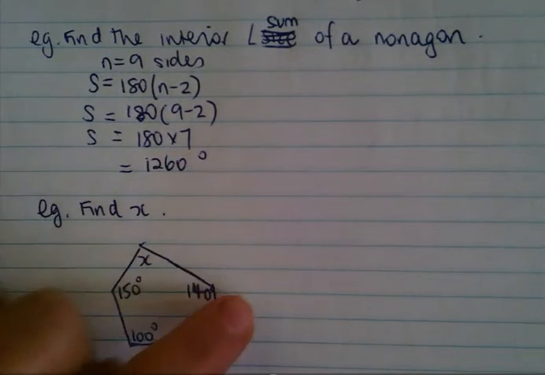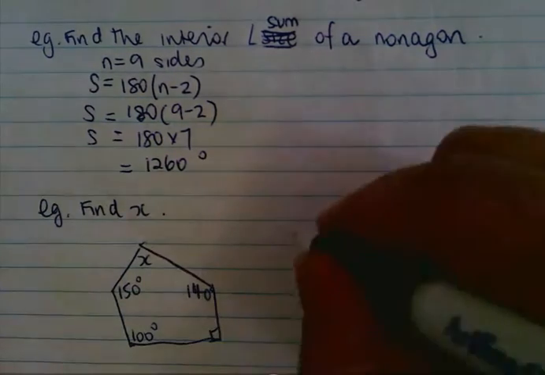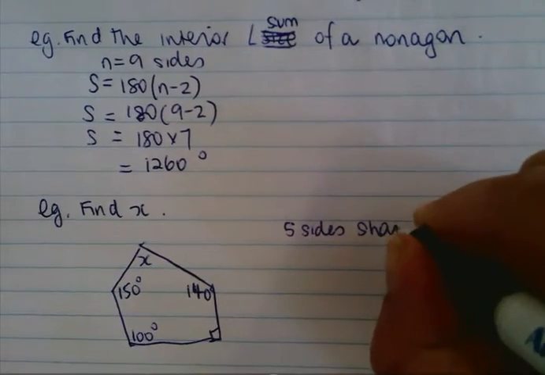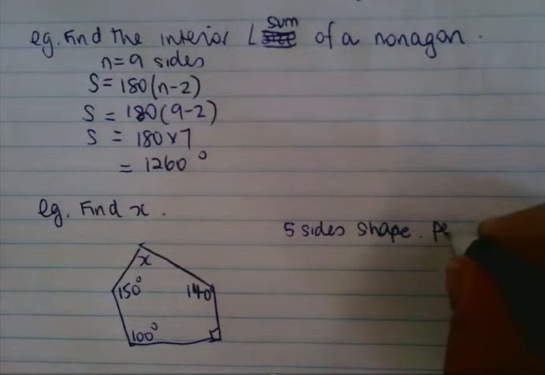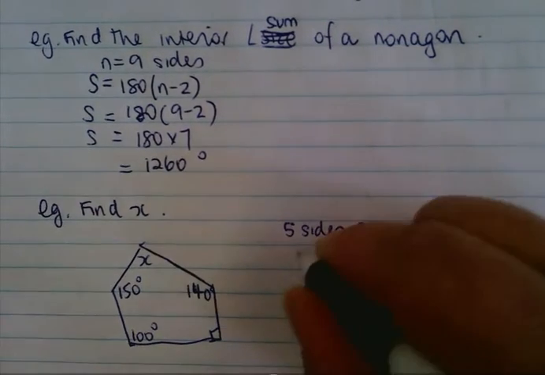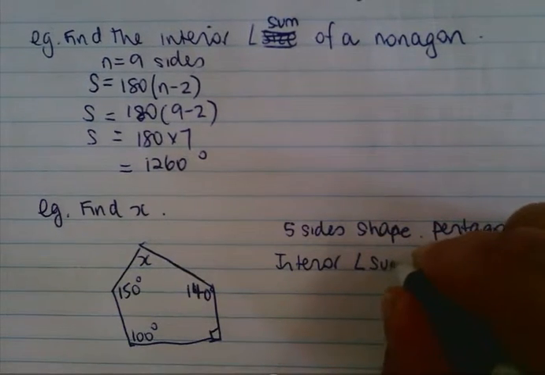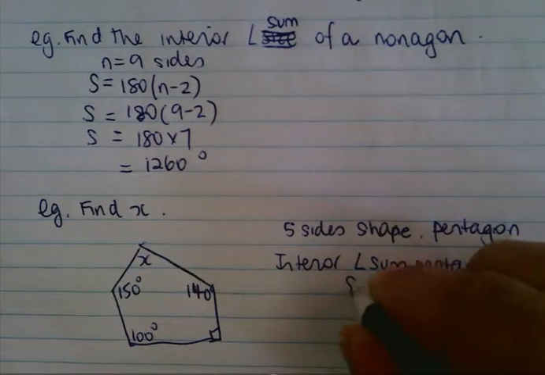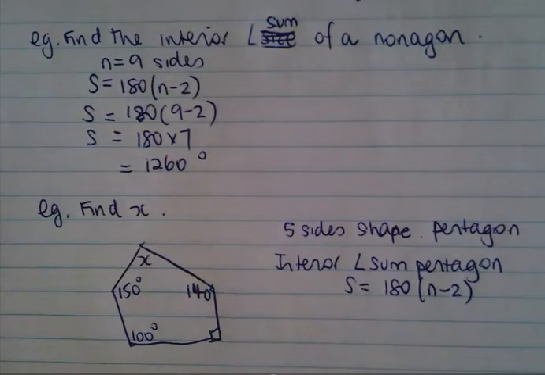Now how many sides do we have? 5 sides. A 5-sided shape is a pentagon. It does not have to have all equal angles. So I need the interior angle sum of my pentagon. S is 180 times N minus 2.